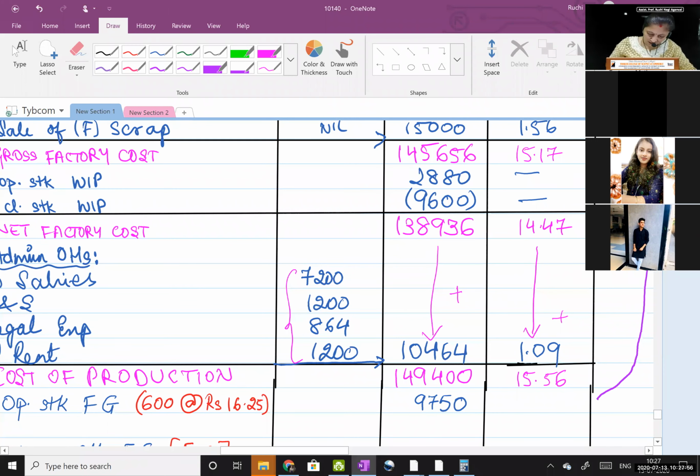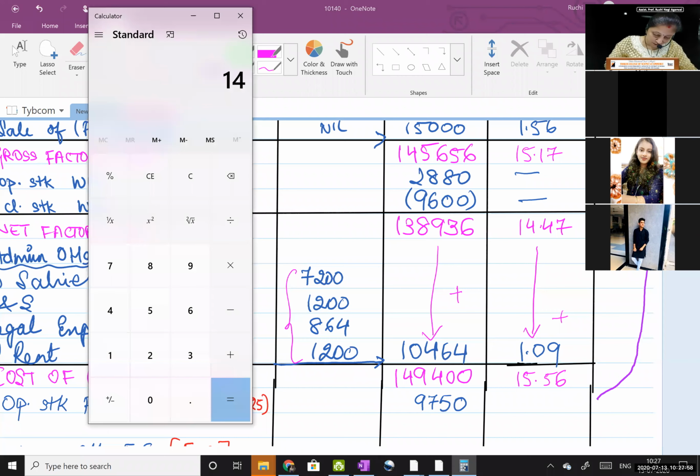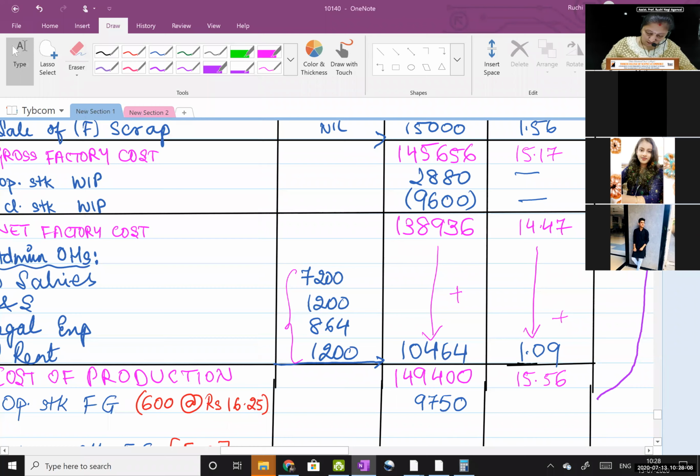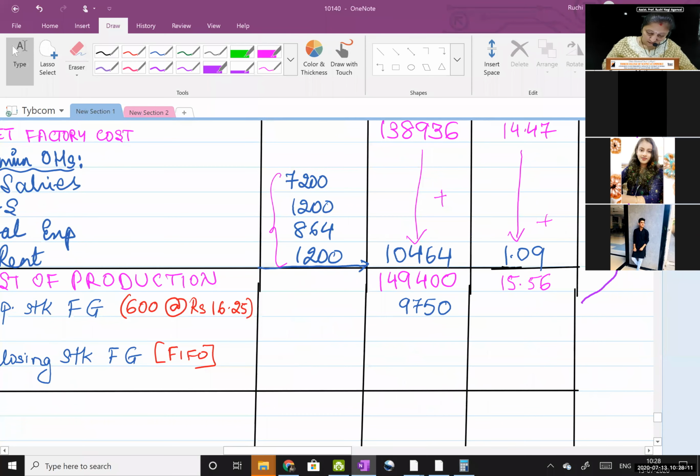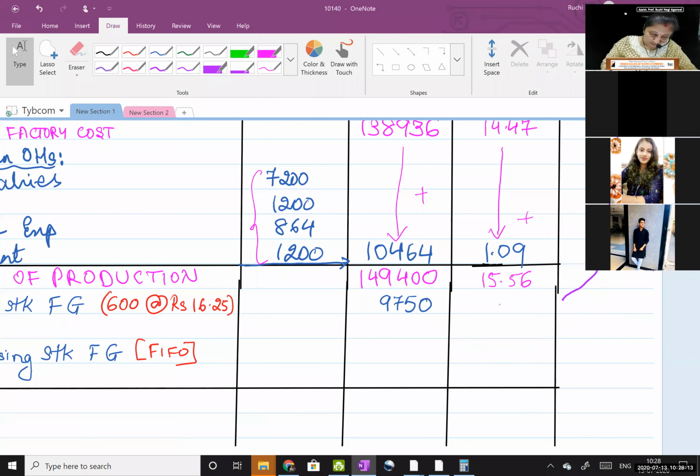You can cross check: 1,49,400 divided by 9,600, so getting the same answer, 15.56. Okay, fine. So this is done. Opening stock, closing stock, CPU, no need to calculate.